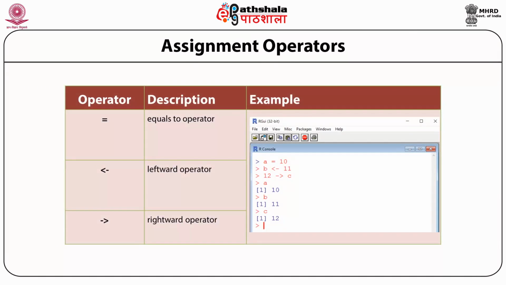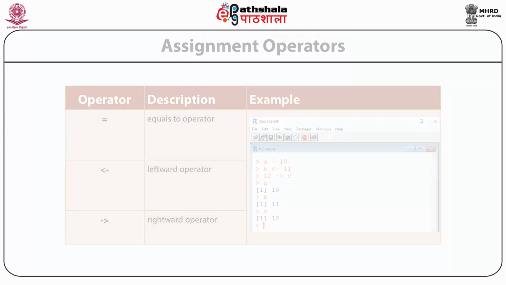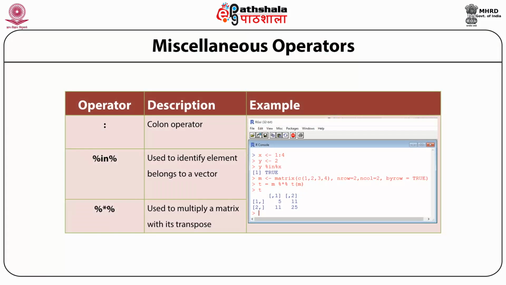Assignment operators. It has mainly three operators which have already been discussed. We can see here in the example, to assign a value to any object, we can write a equals 10, or use the leftward or rightward operator. Some other operators are also there.